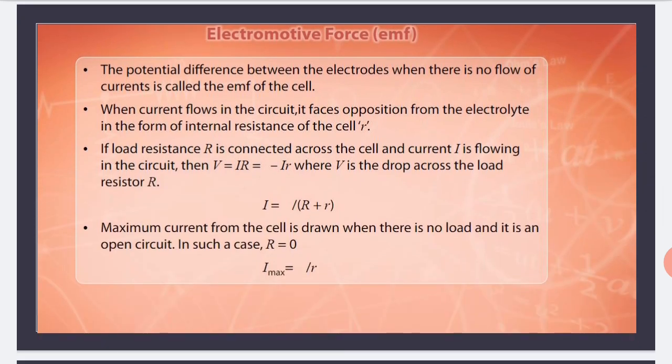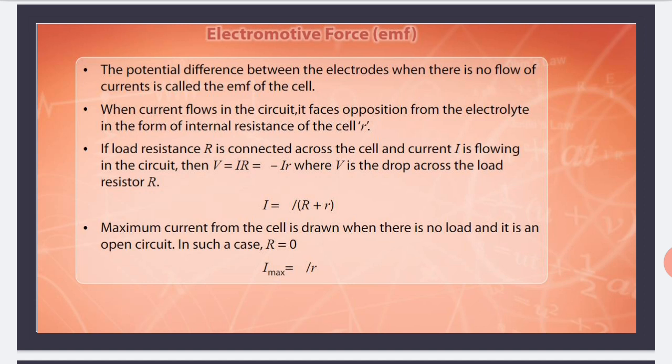Now, electromotive force, that is EMF. The potential difference between the electrodes when there is no flow of current is called the EMF of the cell. When current flows in the circuit, it faces opposition from the electrolyte in the form of internal resistance of the cell, denoted by a small r.